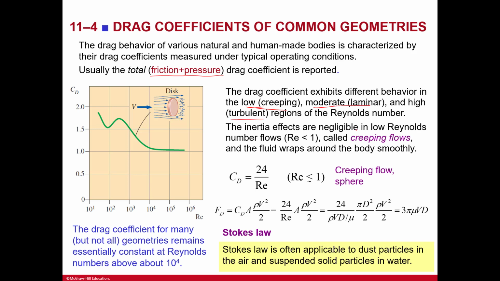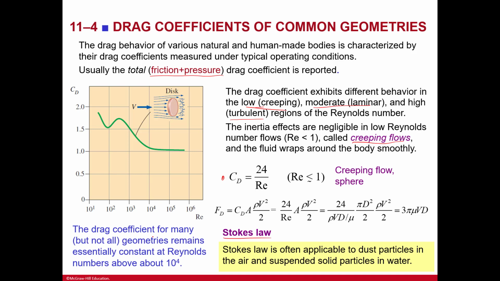Inertia effects are negligible in low Reynolds number flows, which are also called creeping flows, and the fluid wraps around the body really smoothly. And here's that formula for creeping flows. Stokes' law is often applicable to dust particles in the air and suspended solid particles in water.